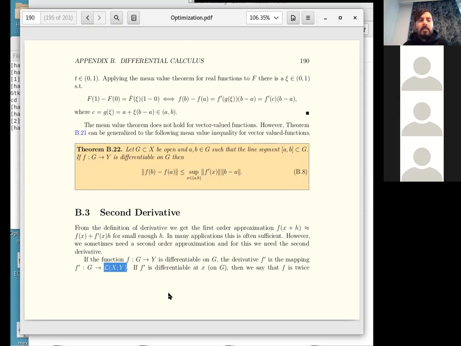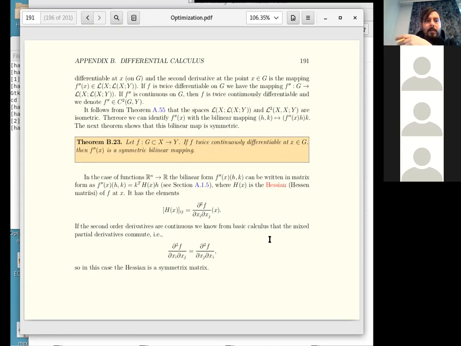So you can think of this f prime as a function that maps a point in my space to the gradient. So it creates a kind of vector field. Now, this mapping, if it's differentiable, then we have what we call a second derivative. And it's twice differentiable. I mean, the isometry of these spaces is mentioned there.